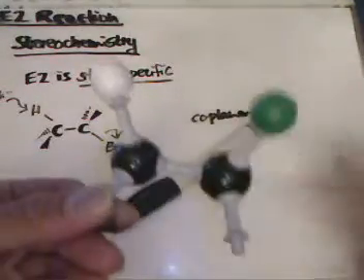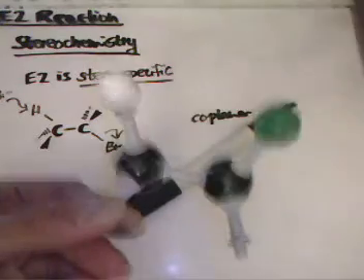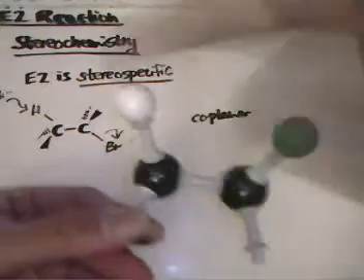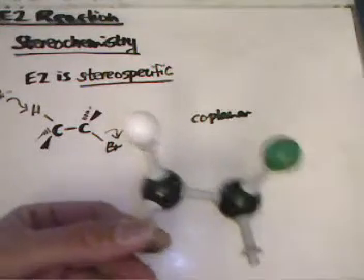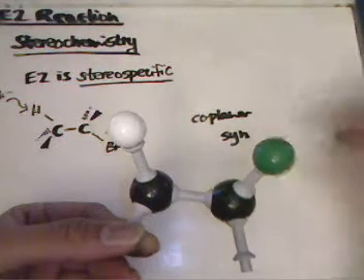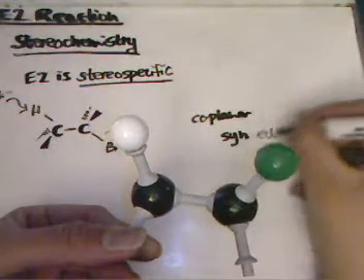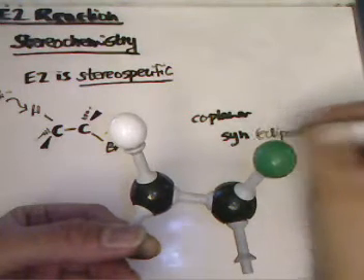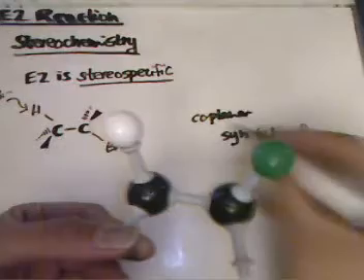Right now, they're in the same plane, meaning if you slice this molecule with a plane, the plane will intersect both of these. So this is syn coplanar, and this has to do with the eclipsed conformation of the molecule.